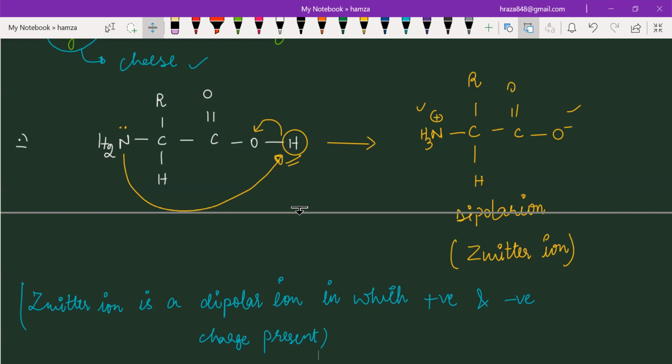Now see, we are going to start the next topic, that is protein. And there will be peptide linkage. So write the topic, that is protein.